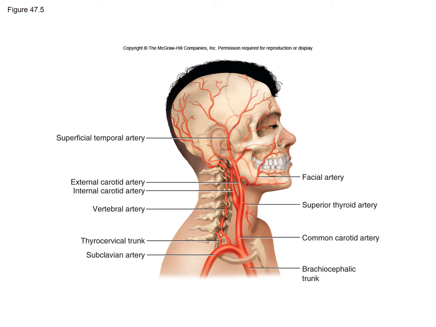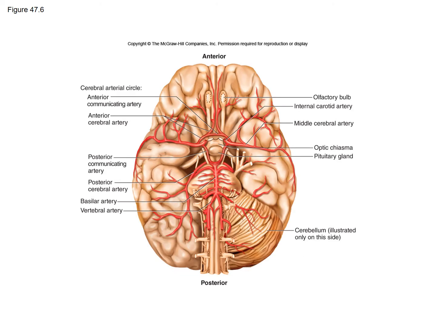They're going to meet together, forming the basilar artery, and then there are other arteries that provide blood supply to the brain. This is one vertebral artery, and this is another vertebral artery. This is actually the base, when you look at your brain from the bottom.